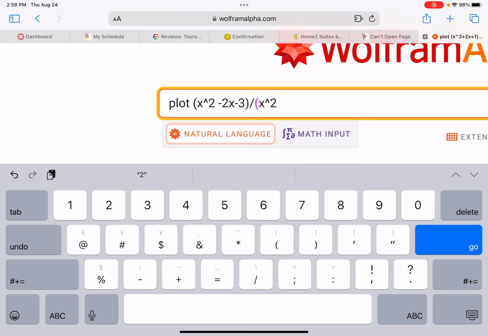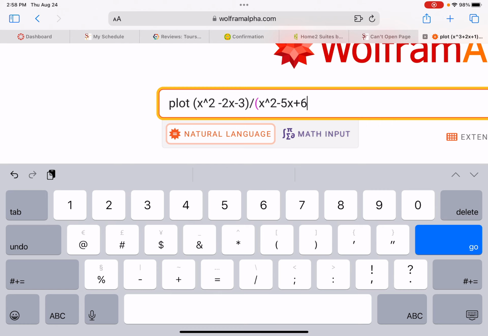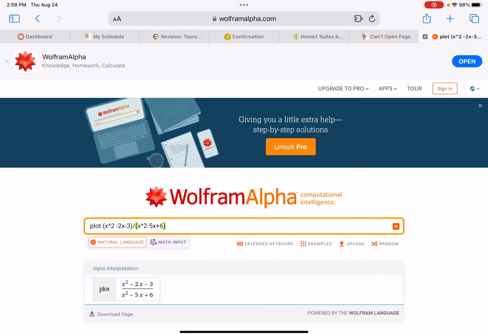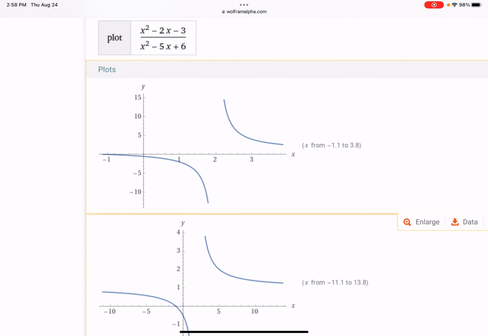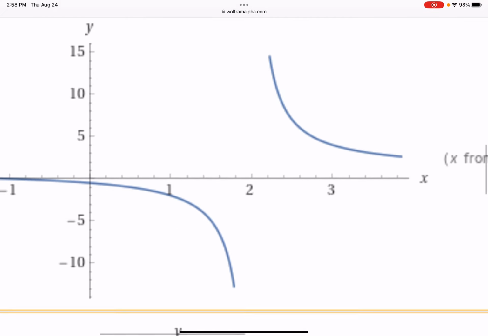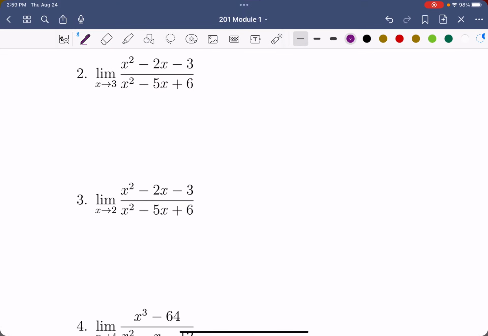All right, we've got x squared minus 5x plus 6 on the bottom. And hit go. And there's our graph. And we're approaching this when the limit is as x goes to 3. So we're going to zoom in here to this spot right here. And that looks like it's approaching 4 from both sides. So let's jot that one down. This one appears to be 4.